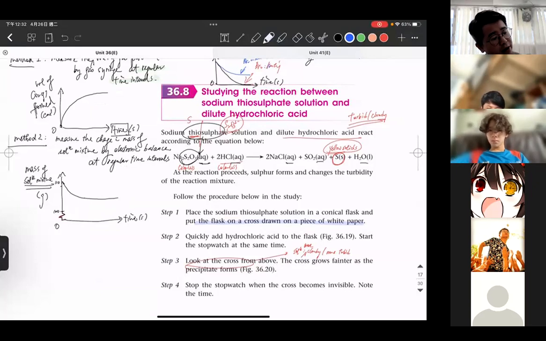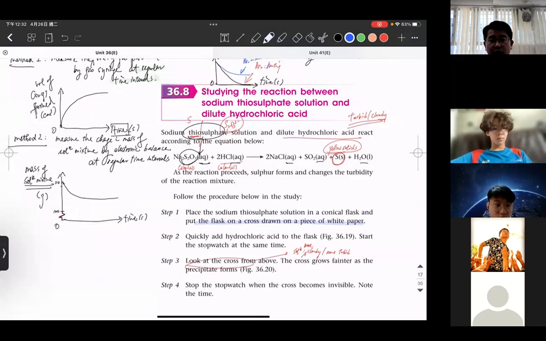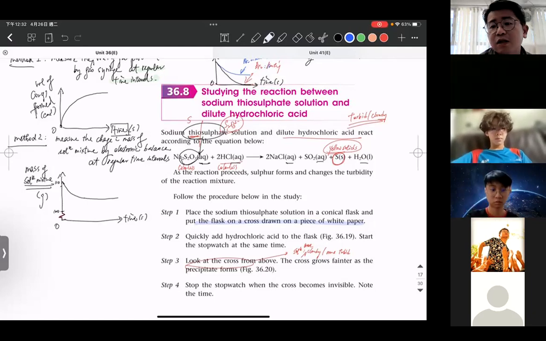Clement Chan, any examples of experimental method to keep track of the reactions? Any method? I forgot. Now, could you please take a look at the book, chapter 36, where we have got various methods mentioned.